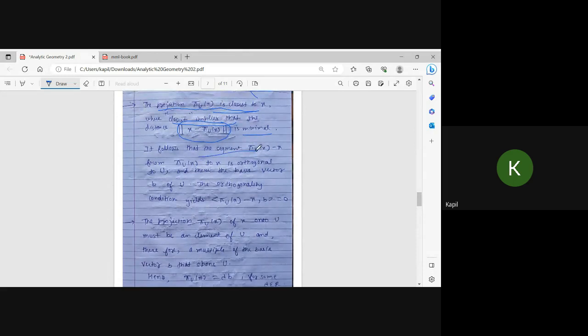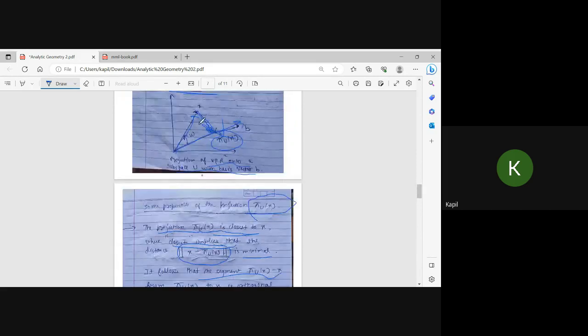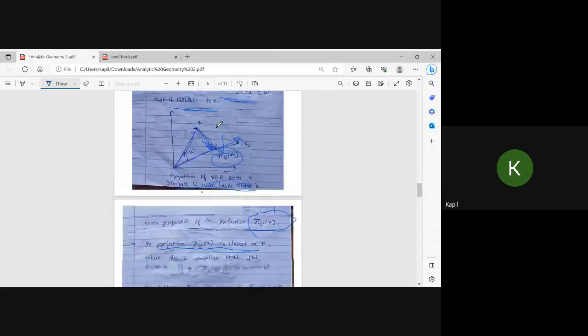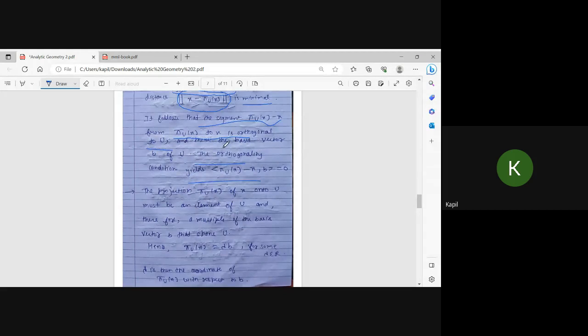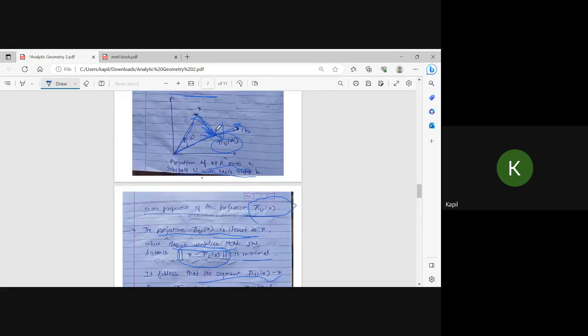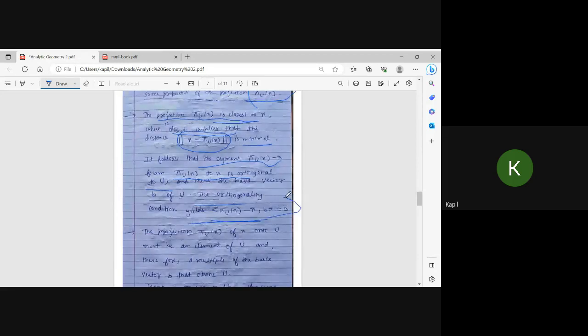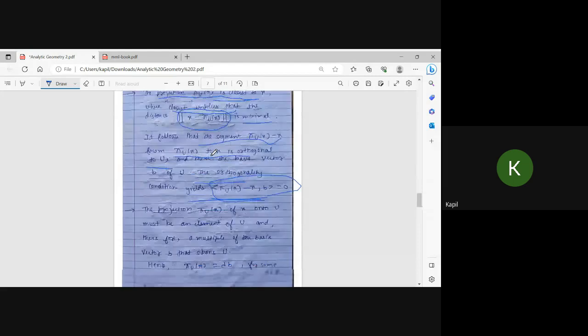And it follows that the segment pi_U(x) minus x, from pi_U(x) to x, is orthogonal to U. The orthogonality condition yields that the inner product of pi_U(x) minus x with the basis vector b comes out to be 0. That is the condition of orthogonality. So this was the first property of the projection pi_U(x).